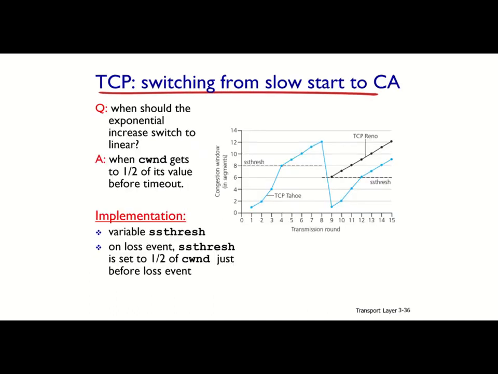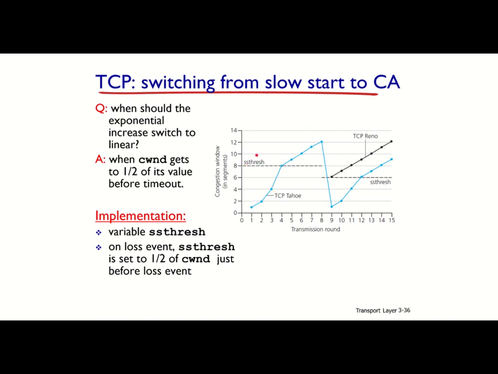Here is the plot of congestion window over time. As you see, we have an exponential slow start step. This is the slow start in which we double the window size at the beginning until we reach the variable SS threshold.